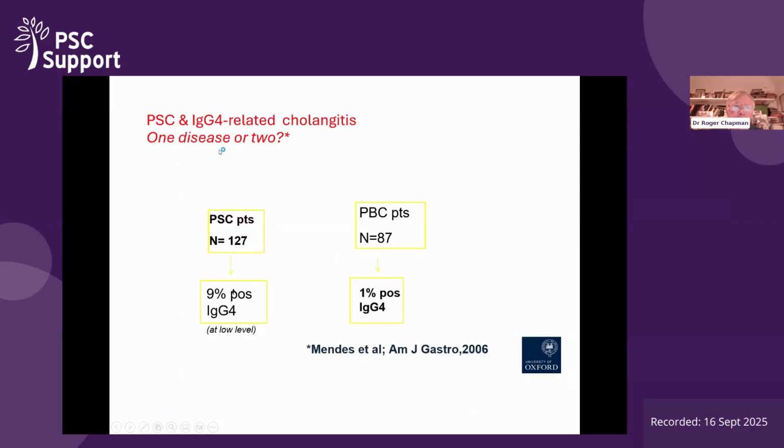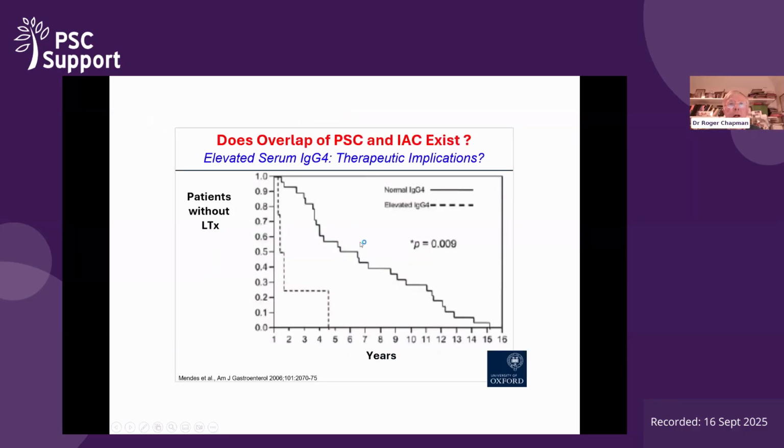So again, the question that has been arising is: is it one disease, or are they related? The reason for this was that, unlike PBC, where you very rarely have IgG4, in PSC you do, as I mentioned already, have low levels. This is not an Oxford patient; it's a patient from the States, but it's the same in Oxford. 9% of the patients with true PSC will have a slightly raised IgG4. Why is this important? It appears to have therapeutic implications.